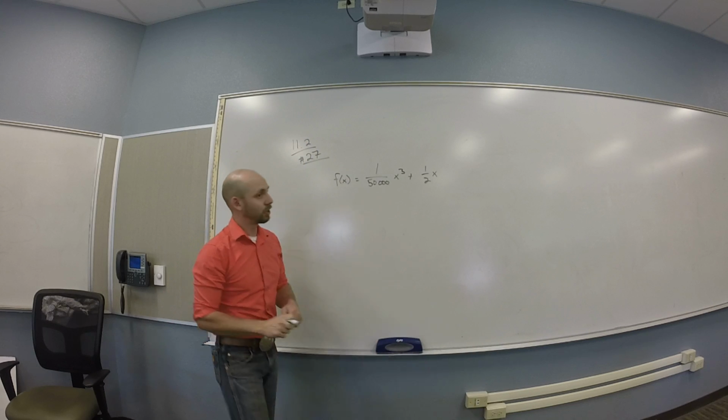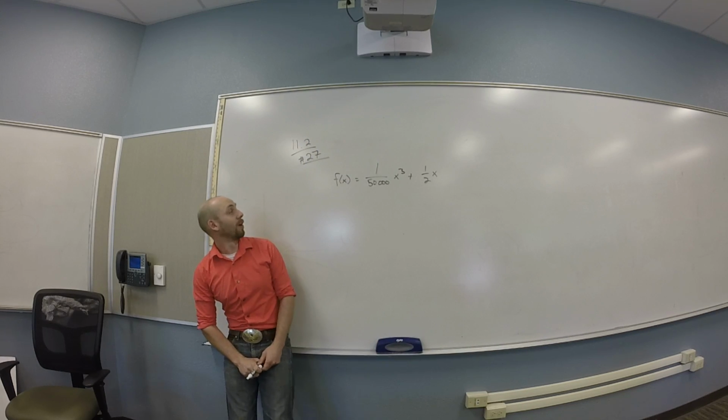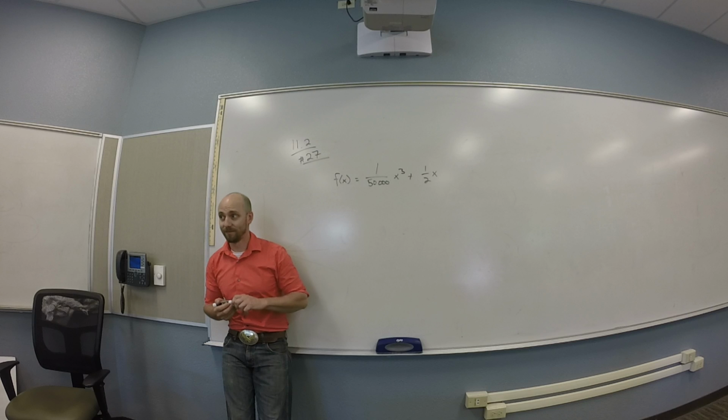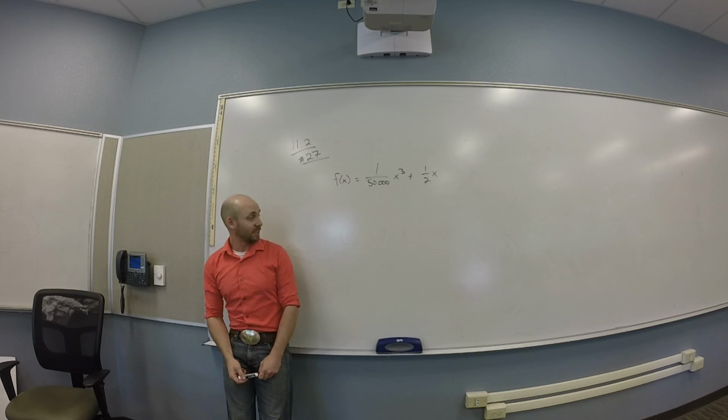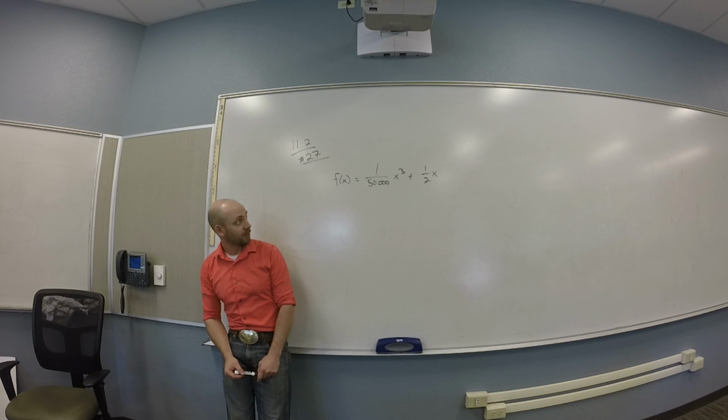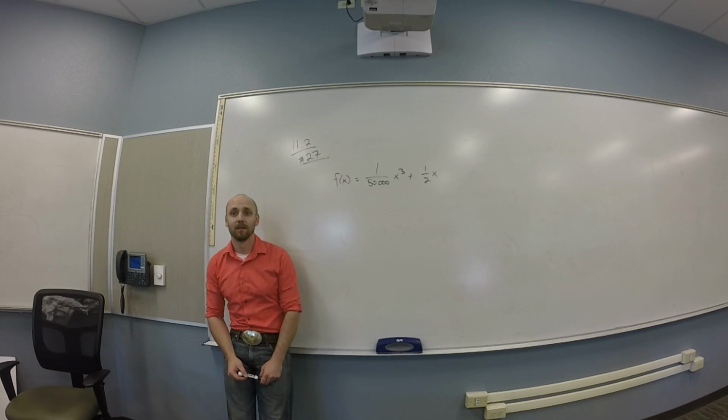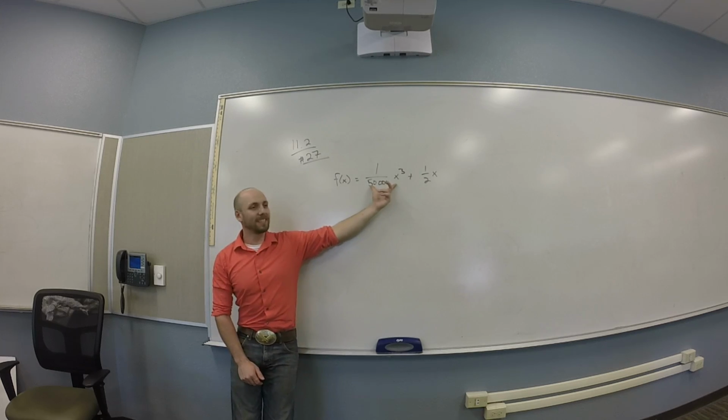Okay, ladies, gentlemen, let's suppose we wanted to do 11.2 number 27, which says f of x is 1 over 50,000 x cubed plus 1/2 x squared. Yeah, so this is a really small bit, kind of in reasonable places.